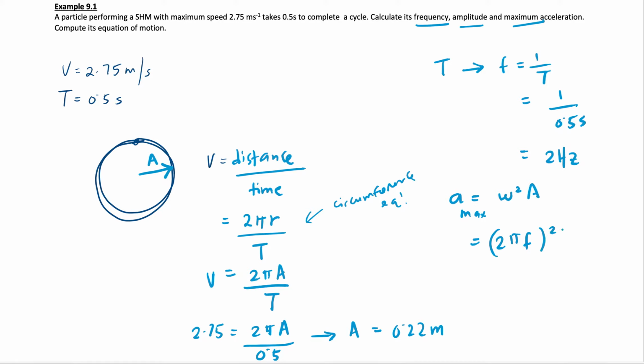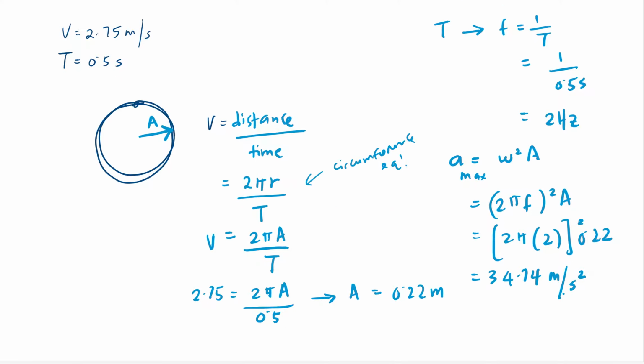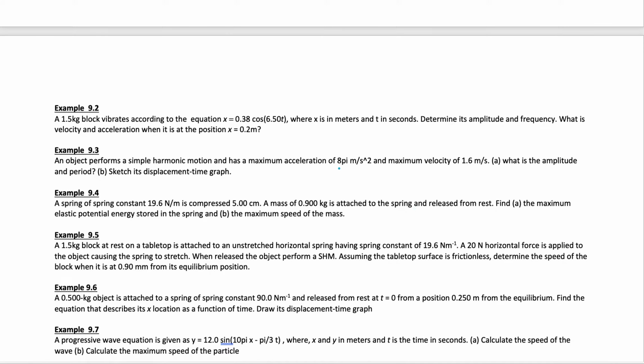It's (2 pi f) squared times A. So 2 pi f is 2 pi times 2, I have to square the whole thing, and my A is 0.22, which gives me 34.74. And what is the unit for acceleration? It is meters per second squared. Wrong unit, wrong. Okay, moving on to the next question.